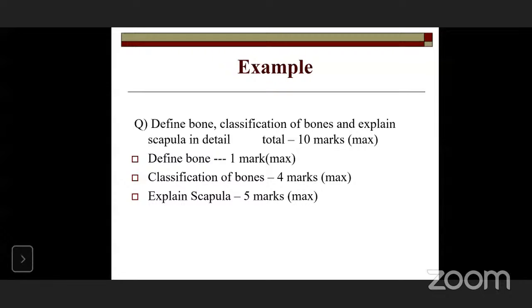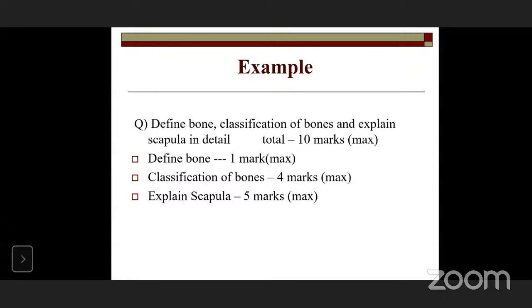Without attempting it, how will you get full marks? If you write only a page of definition and then the classification, but no explanation of the scapula, your maximum will be 5 marks only. Based on how properly you wrote, you will be given marks out of 5.